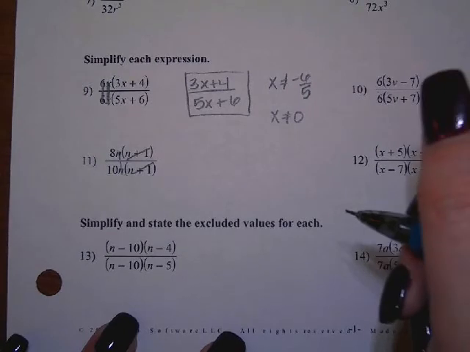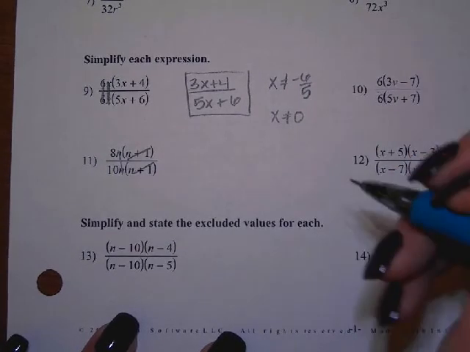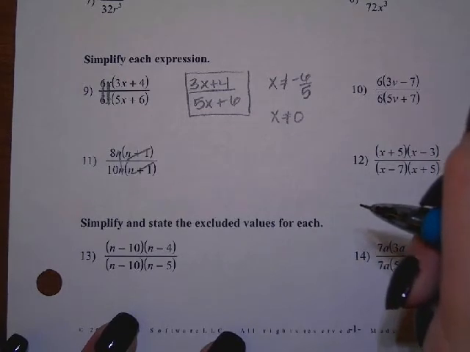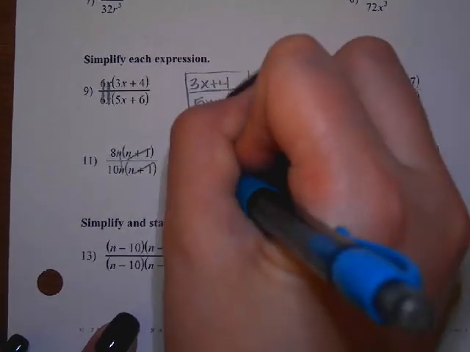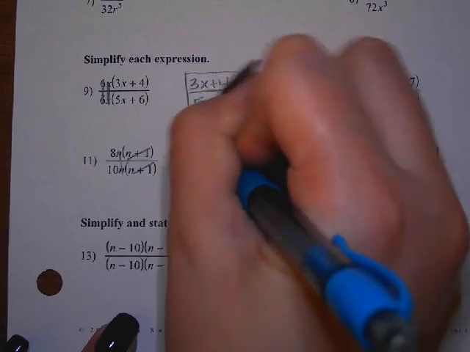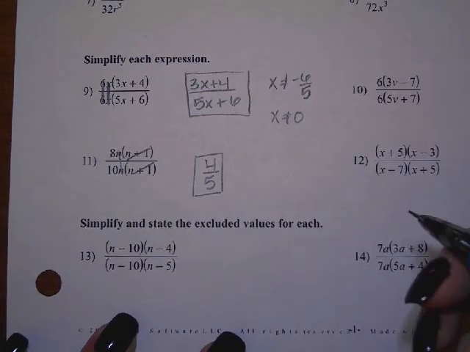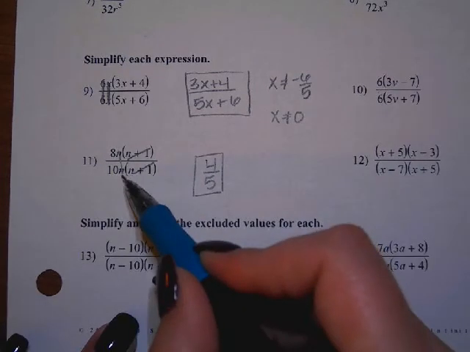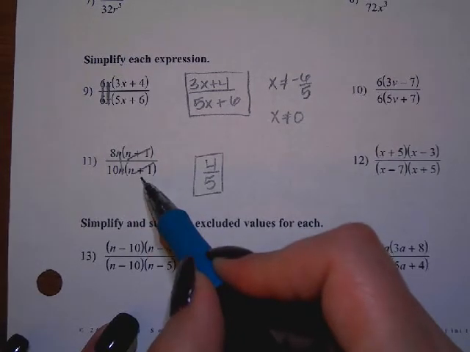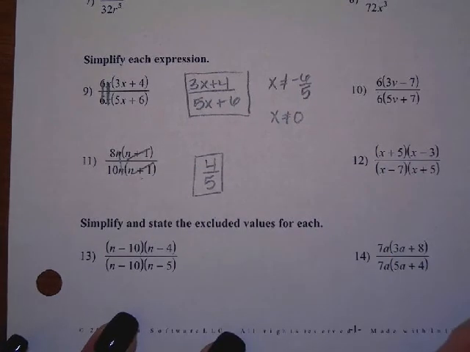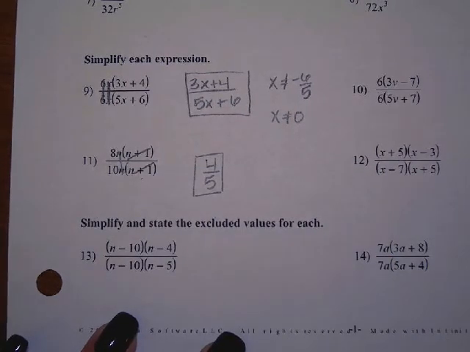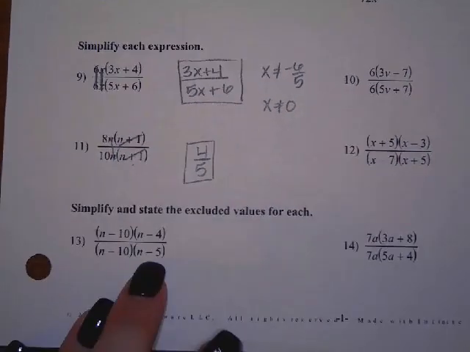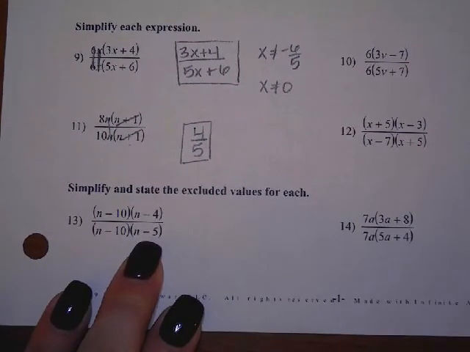Pretend it's not there. Yep. So what do I have? 4 over 5, because 8 over 10 simplifies to 4 over 5. And then what would our excluded values be? 0 and negative 1. Not always. It's just because we've had a bunch of problems that had a plain old x. Like this one, number 13, 0 is not an excluded value.